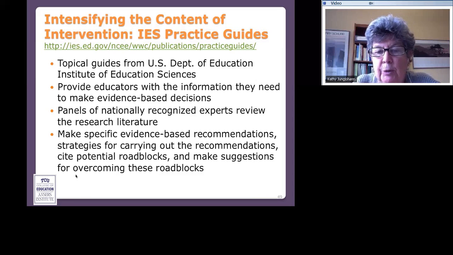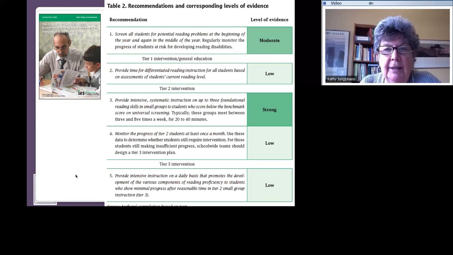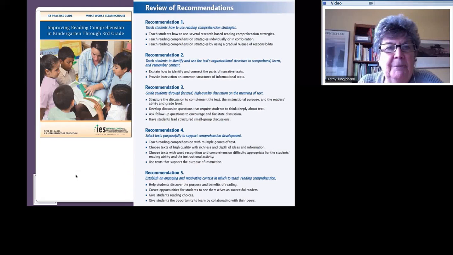They cite potential roadblocks, and they also make suggestions for overcoming these roadblocks. And I've often used the practice guides to present in-services to teachers. A practice guide could be a webinar in itself, or a recommendation within a practice guide could be a webinar in itself. So you've seen the practice guide around assisting students struggling in reading.